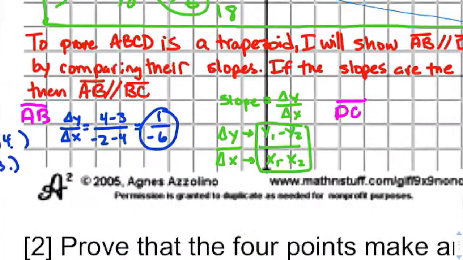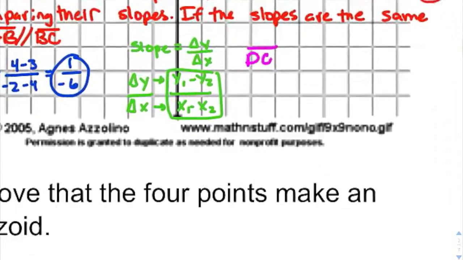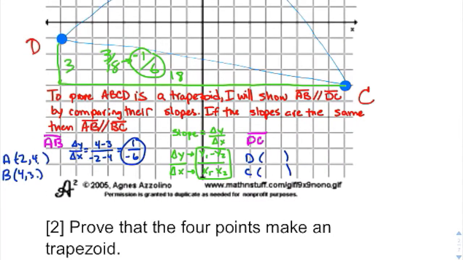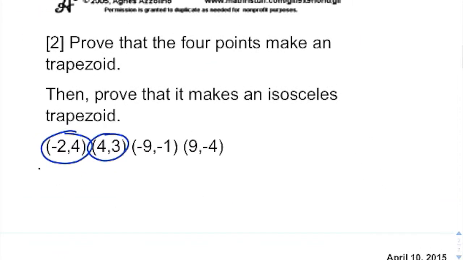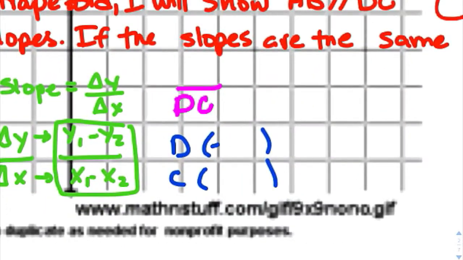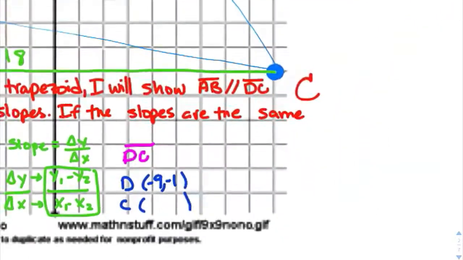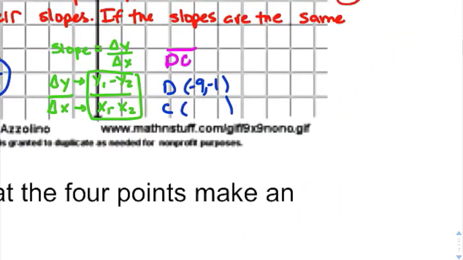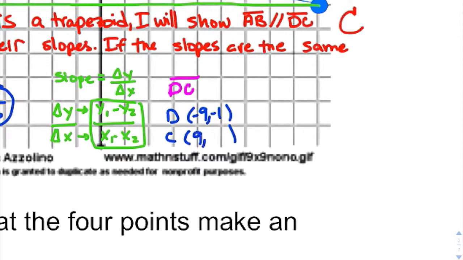Going over to DC, again, let's first grab some coordinates for D and for C. D looks like negative 9, negative 1, and there it is right there. So looks like we're right. And C looks like 9, comma, negative 4, which we have there as well. So 9, comma, negative 4.